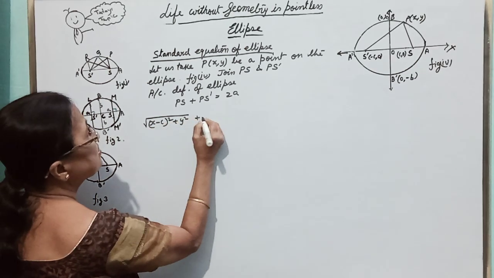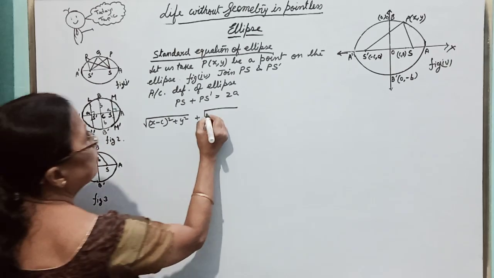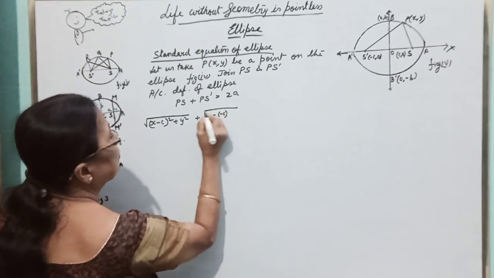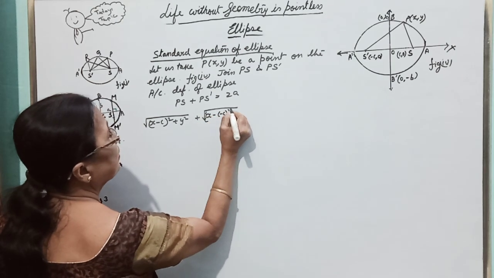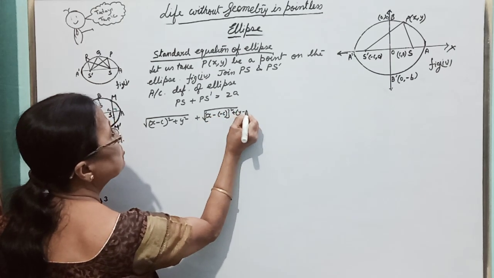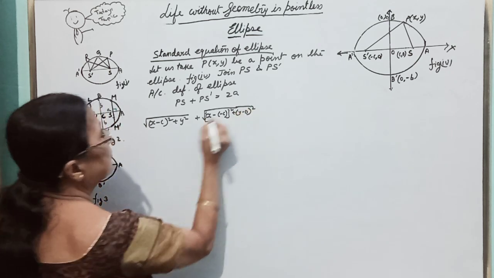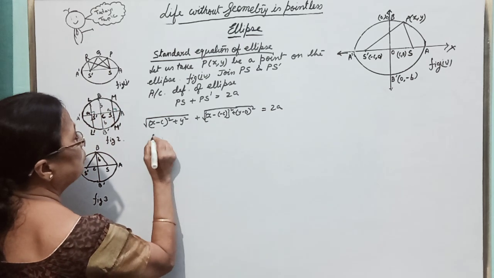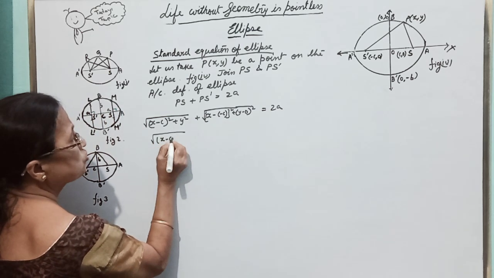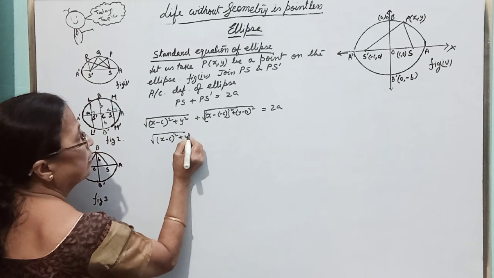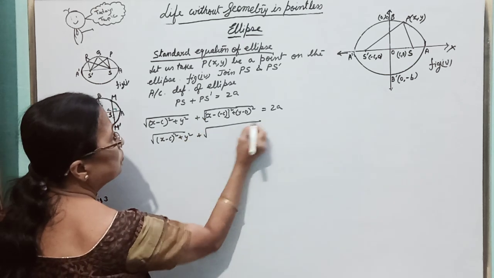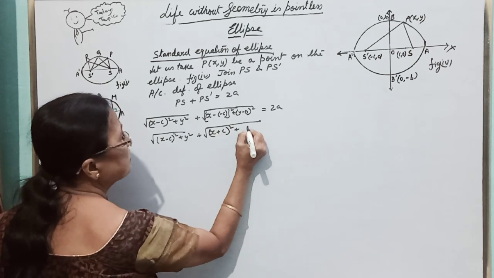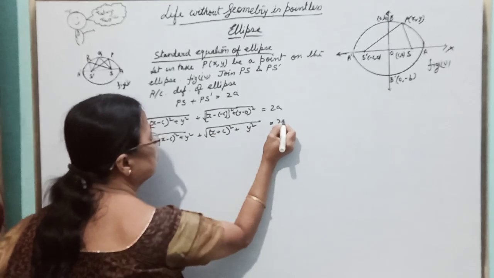And here it is under root x minus c whole square plus y minus 0 whole square. So this is under root x minus c whole square plus y square, and this is under root x plus c whole square plus y square, is equal to 2a.